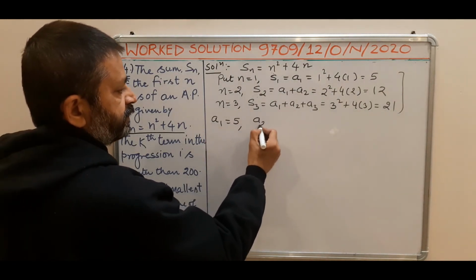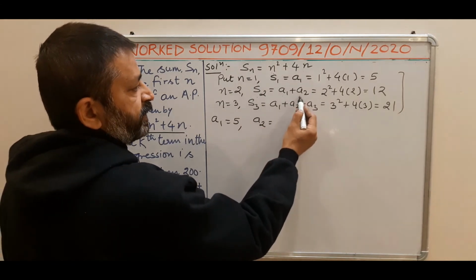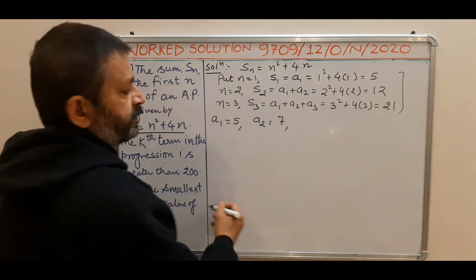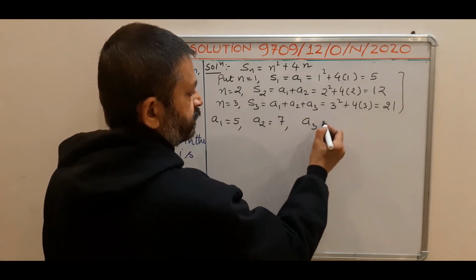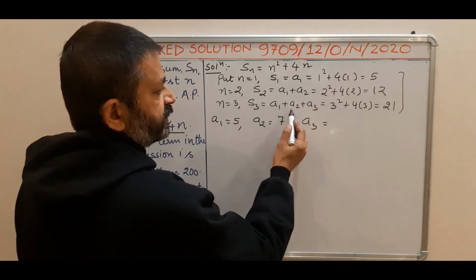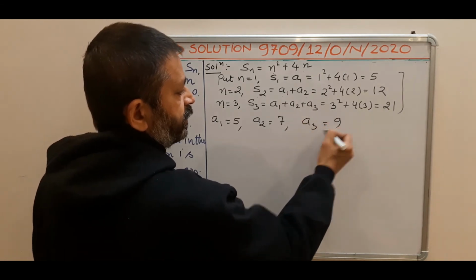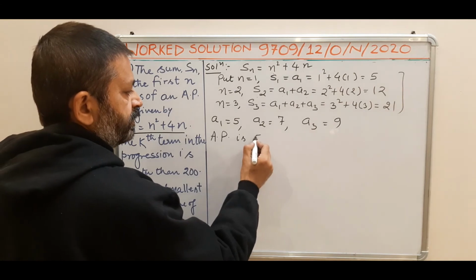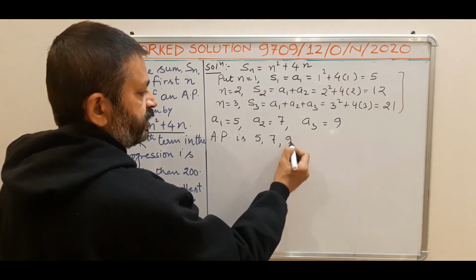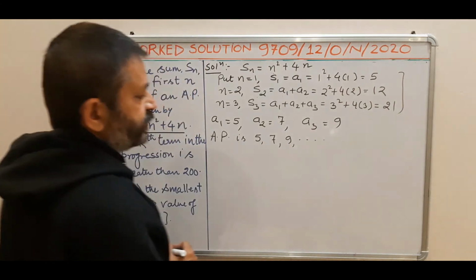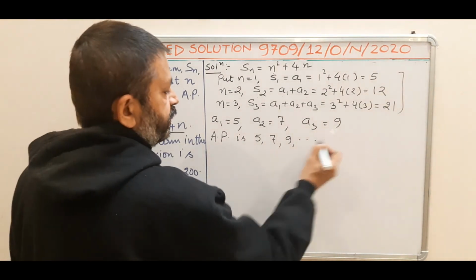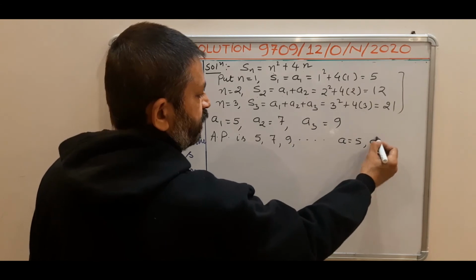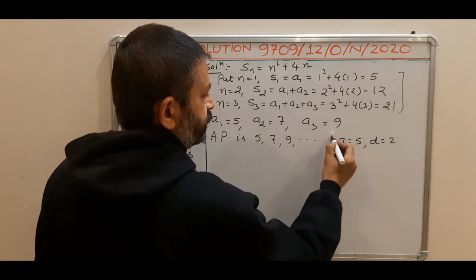For the second term, 5 + A2 = 12, so A2 will be 7. The third term is 21 − 12, so it will become 9. So our AP is 5, 7, 9, and so on. So here a is 5 and the common difference D is 2.